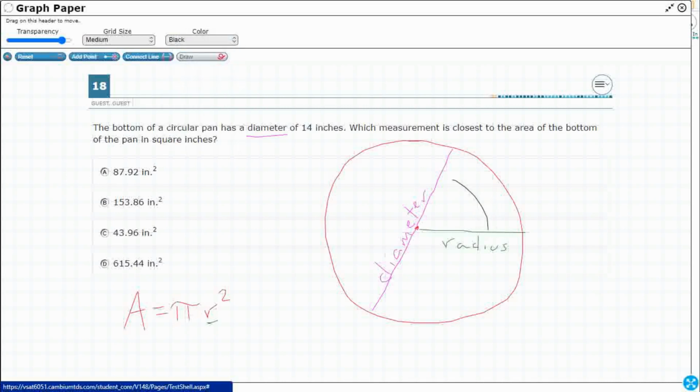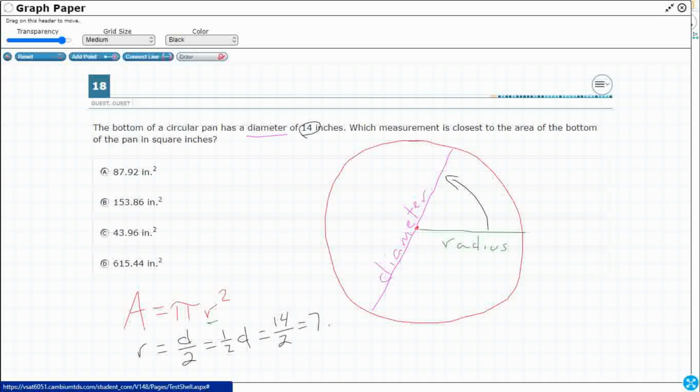radius and you kind of put it right there, you're like, oh, that radius is half the diameter, right? So radius equals the diameter cut in half, or sometimes you can write it like this, half the diameter. Dividing by 2, multiplying by 1/2, same thing. So let's take our diameter of 14 inches, and we're going to cut that in half.